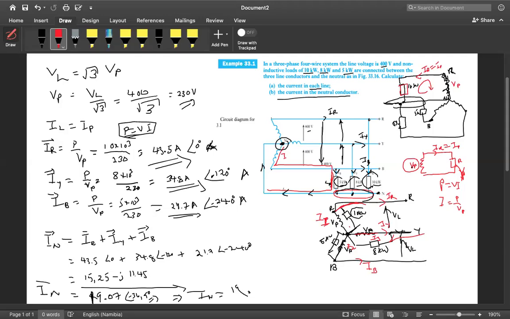It's about understanding how this is connected and whether you need the phase voltage or the line voltage to calculate. But in most cases, we are going to use the phase voltage for our calculations.